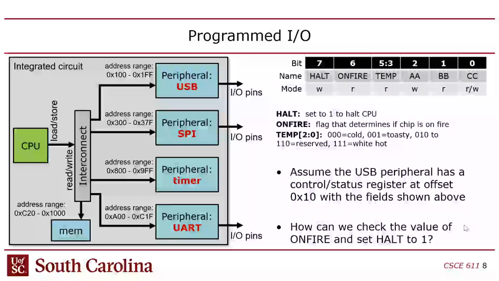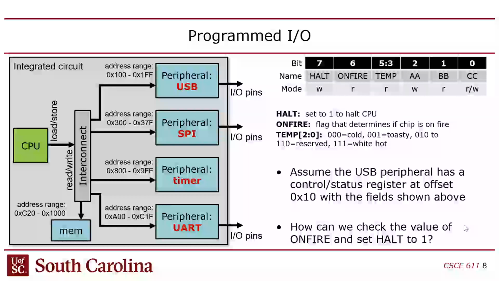For example, you'll read in the data sheet, it'll say, if you want to halt the processor, you have to write a 1 into the halt field, right? So what that means is that you have to be able to write a 1 into that field. The problem is that you can't just write 1 bit, because when you do a load or store, you're loading or storing in units of 8 bits, or in the case of the ESP32, 32 bits.